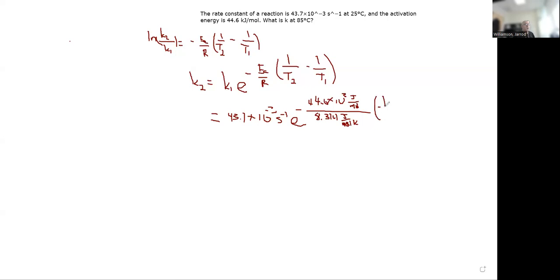Times 1 over T2. 85 Celsius is 358 Kelvin, minus 1 over 25 Celsius, which is 298 Kelvin.